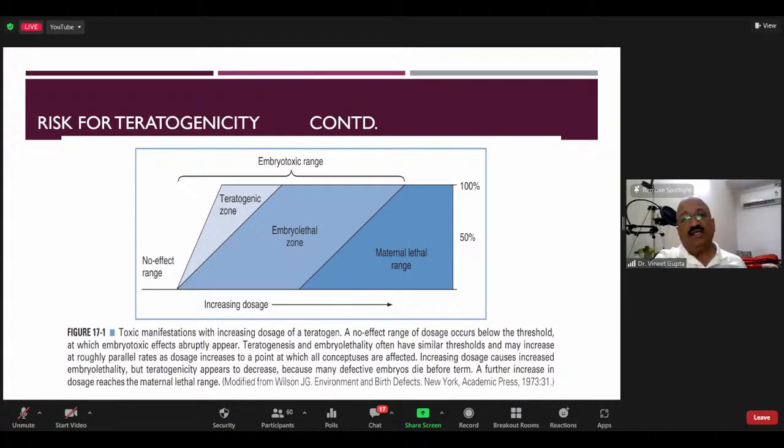So teratogenicity is studied only in embryos who are born live or evaluated well. Then once the dose crosses the embryo lethal zone and the embryo has died, it starts affecting even the maternal population.